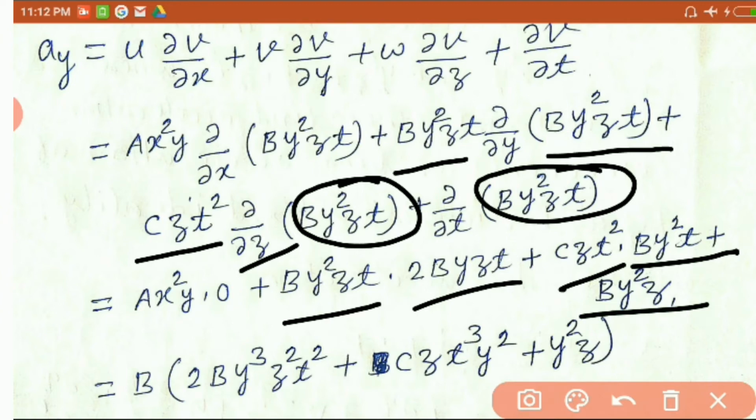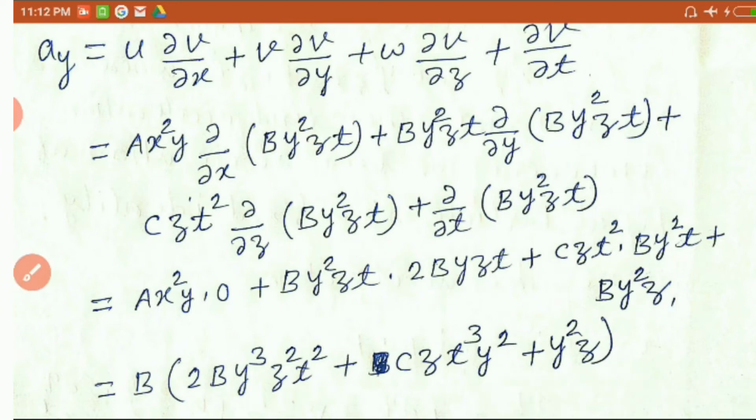So here is also b y square t. So what we get? Here b is common. We get 2b y cube z square t square plus c z t cube y square plus y square z.